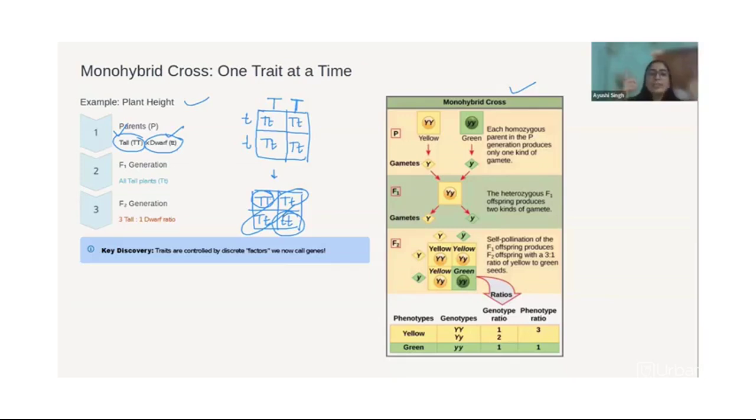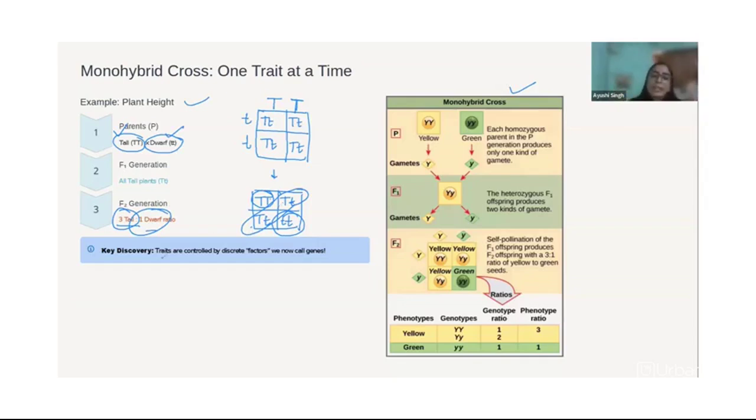So the ratio came out as 3:1 in the F2 generation: three tall plants and one dwarf plant. Even though two of them held the characteristics of the dwarf plant as well, the characteristic of the tall plant became dominant over the dwarf.